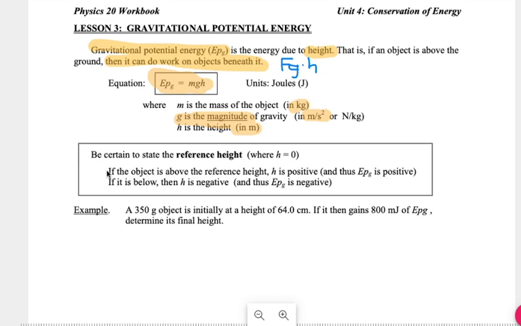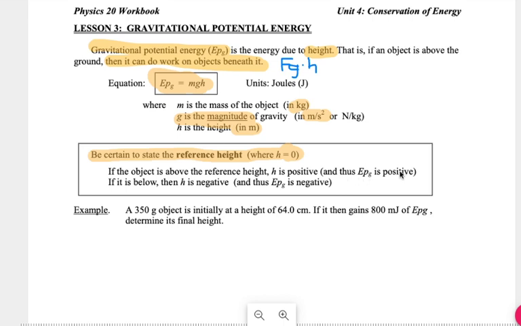Most complicated part is this idea of a reference height. So we can change our reference height just like we can change our reference system. And our reference height is where we're going to call this starting height, height of 0. So if an object is above reference height, h is positive, then it's above, right?